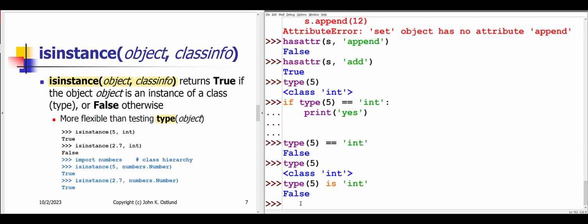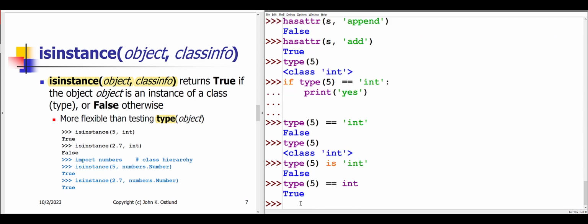A type is never equal to a string, but the type of 5 is directly equal to the int data type. That's what I meant to do. Sorry about that. So that works fine.